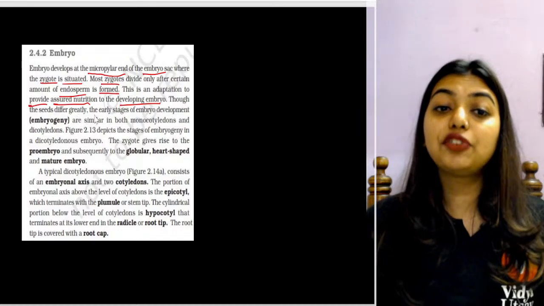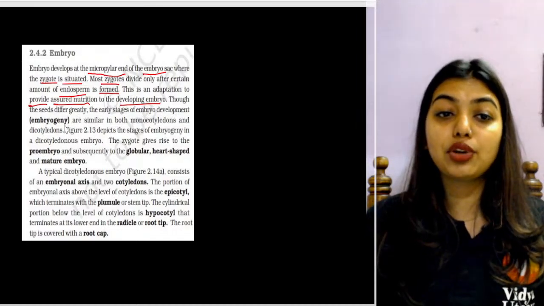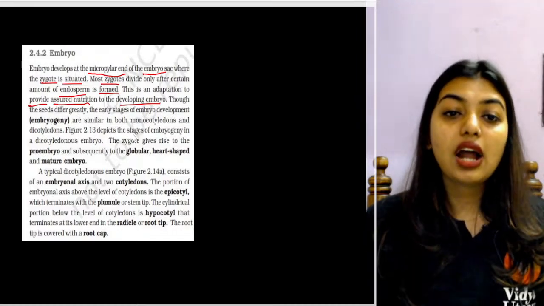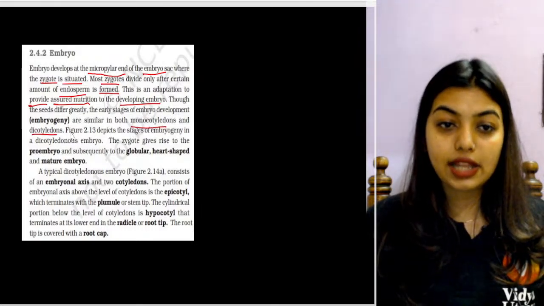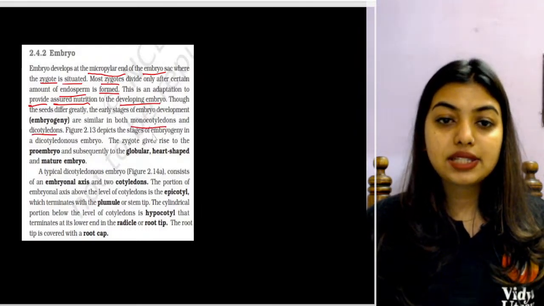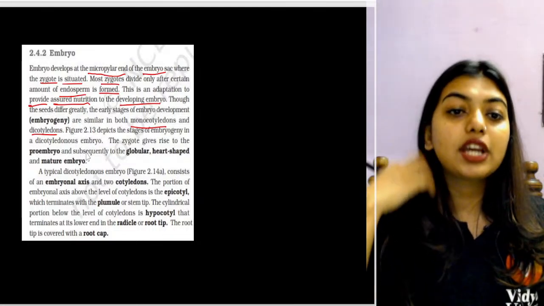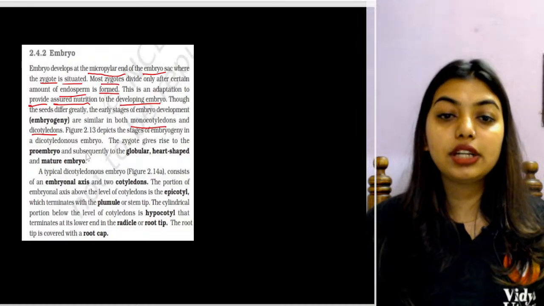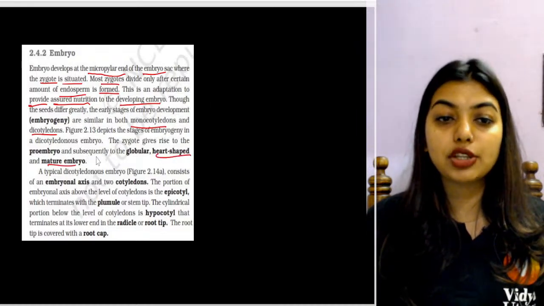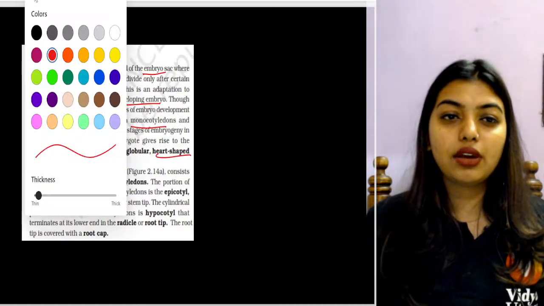Though the seeds differ greatly, the early stages of embryo development, that is embryogeny, are similar in both monocots and dicots. Now, this depicts the stages of embryogeny in a dicotyledonous embryo. The zygote gives rise to the pro-embryo and subsequently to the globular, heart-shaped and mature embryo. Okay, there are going to be 2-3 stages.